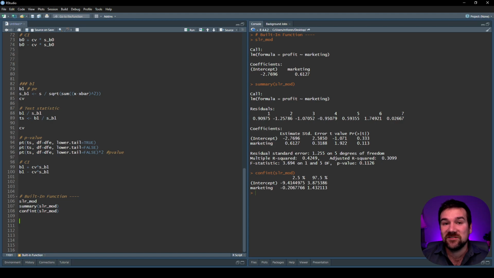Big fan of built-in functions, and again, they're not cheating, they're the whole point. My goal is that you focus more and more on the interpretations. How can we actually use this as we progress through the course? Less and less on the computation. There's still a few problems where you might have to do the computations, because you may or may not have the raw data, or they might ask for some specific statistics from the computation process.